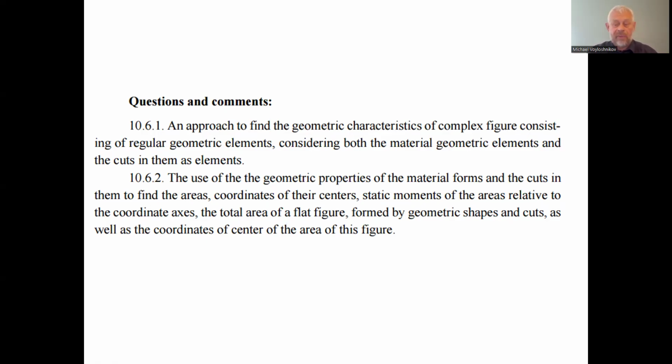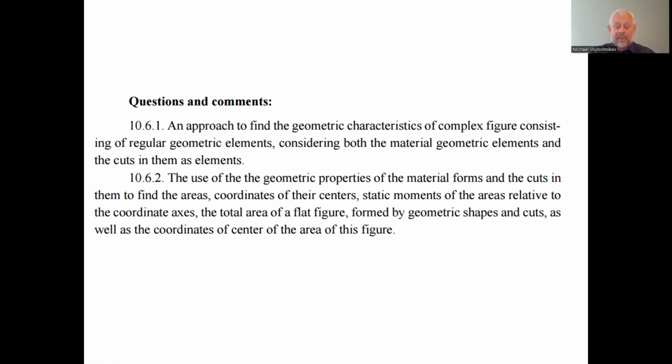We consider the total figure by the addition method as the total of the elements, and we find the coordinates of the center of the area. 1062, the use of the geometric properties of the material forms and the cuts in them to find the areas, coordinates of the centers, static moments of the areas relative to the coordinate axis, the total area of the flat figure formed by the geometric shapes and cuts, as well as the coordinates of the center of the area of this figure.